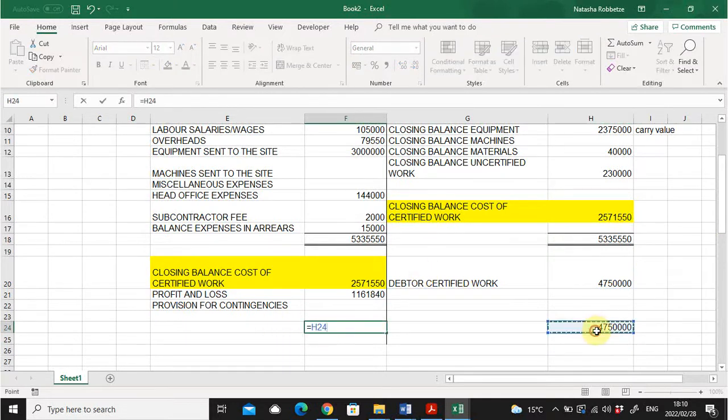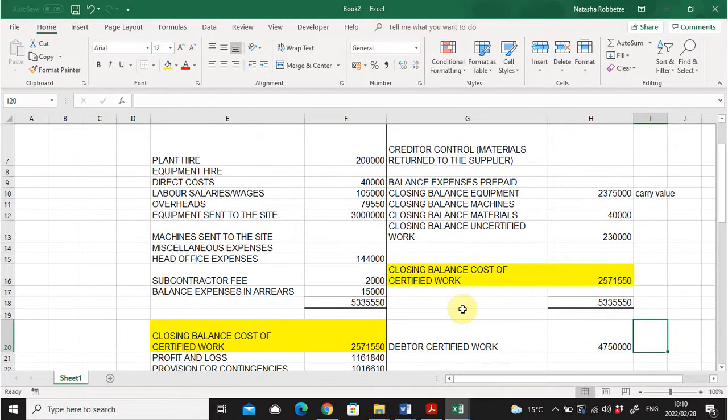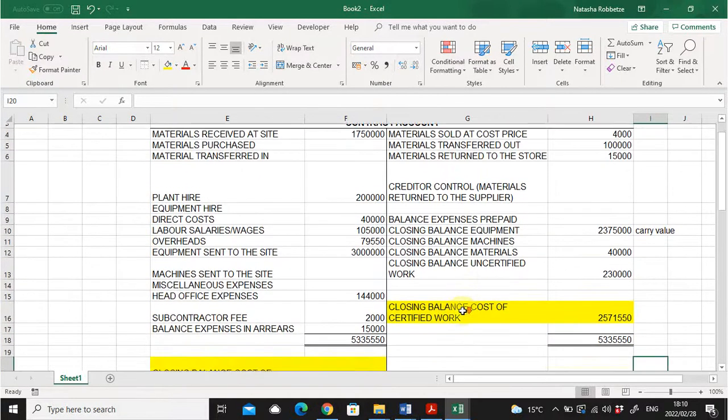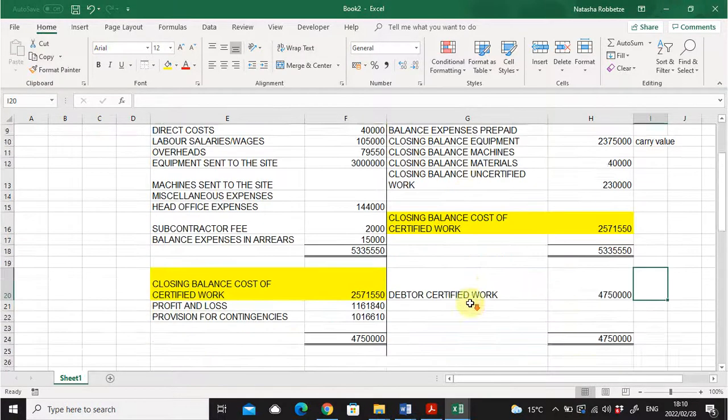The debit side is going to have to be equal to it, and then the provision for contingency will be this balancing amount minus the work certified minus the profit and loss. And that means that the provision for contingency is 1,016,610. Right, and there we have completed our entire contract account.